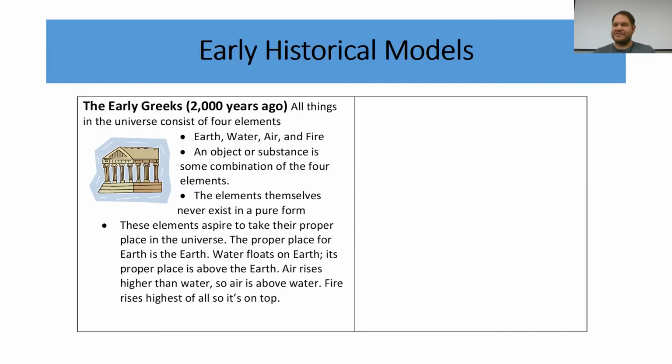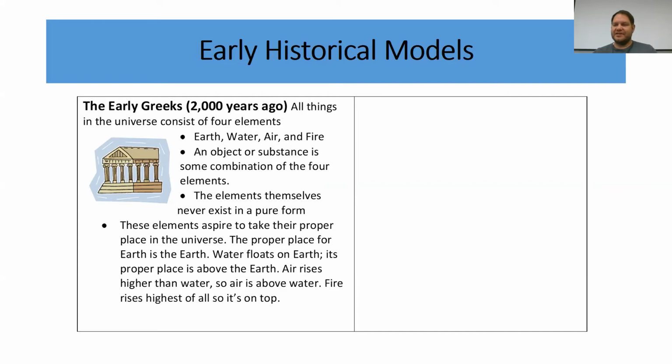And water, since it floats on top of Earth, seems to rise higher than the Earth. Air is always going to rise above water, so it seems to be above water. And fire is going to rise to the highest point, so it will always be on top of all the other three.